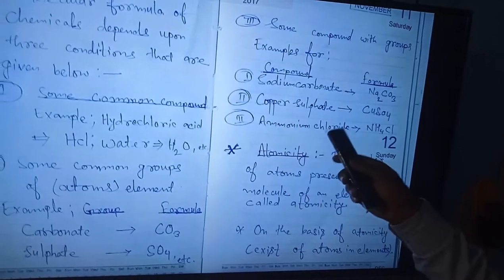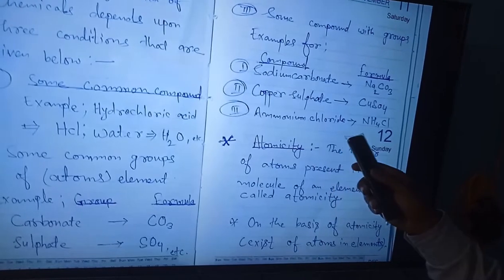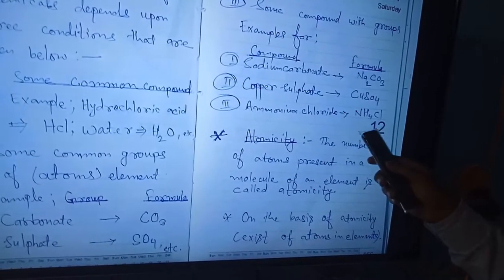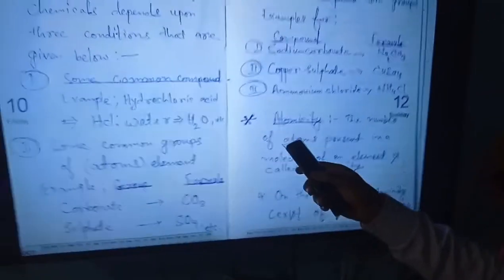Second, copper sulfate, CuSO4. Third, ammonium chloride, NH4Cl.